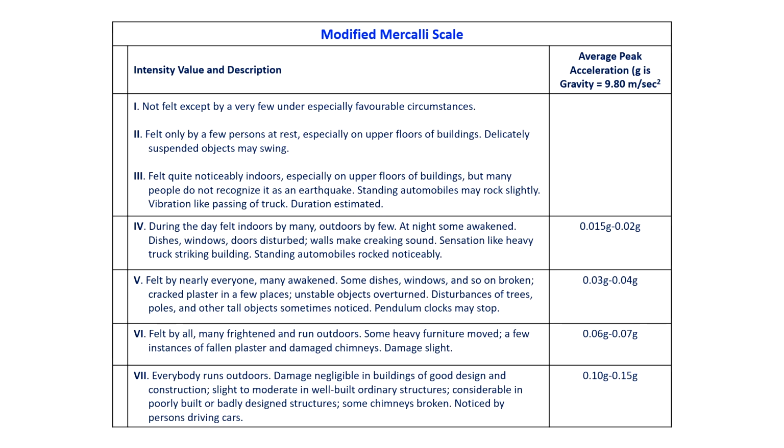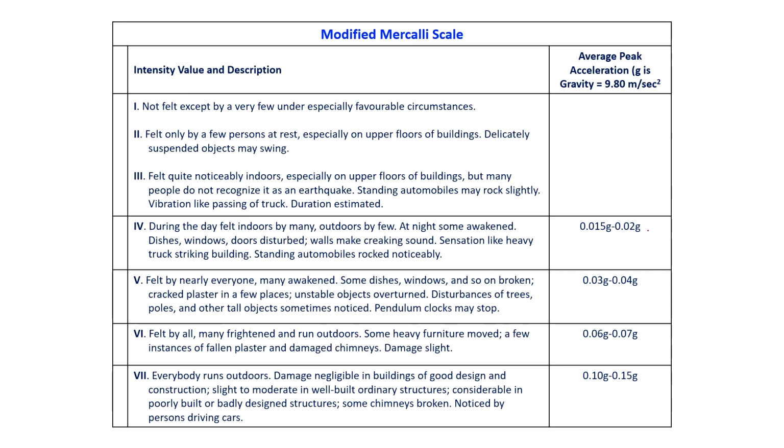For example, if you start with intensity 4, then during the day it will be felt indoors by many people, and by very few who are outdoors. You will also notice the shaking of automobiles like cars.